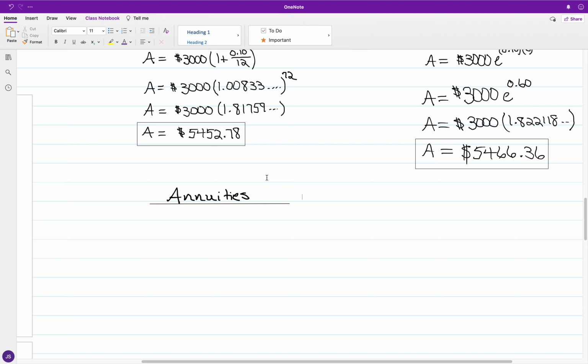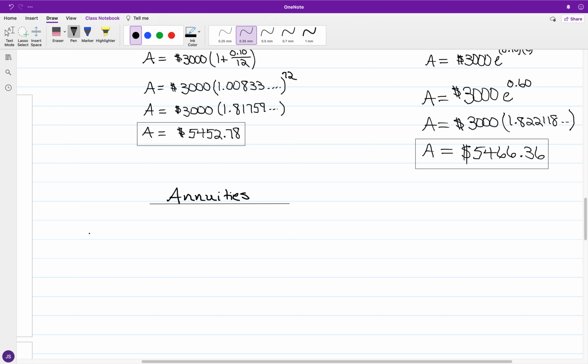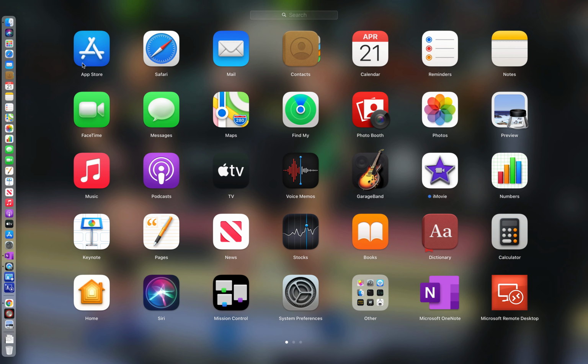Now I'll show you a couple of formulas here. The traditional annuity formula looks at the conservative side of things, and from first glance, you could say there'd be quite a bit of repetition.